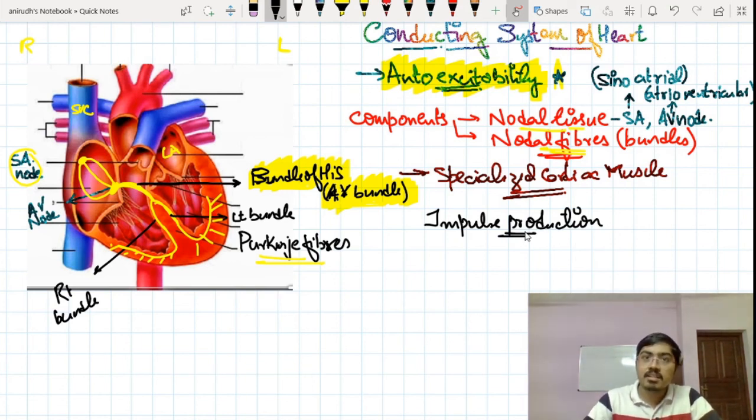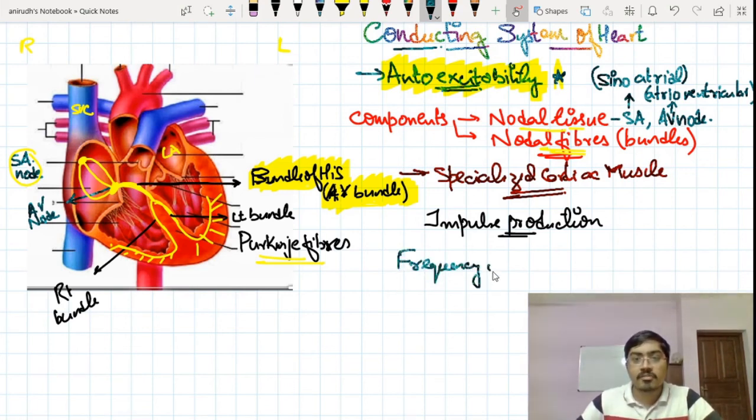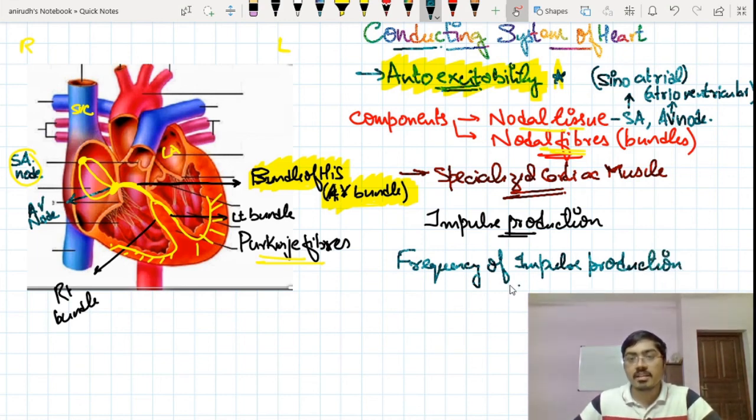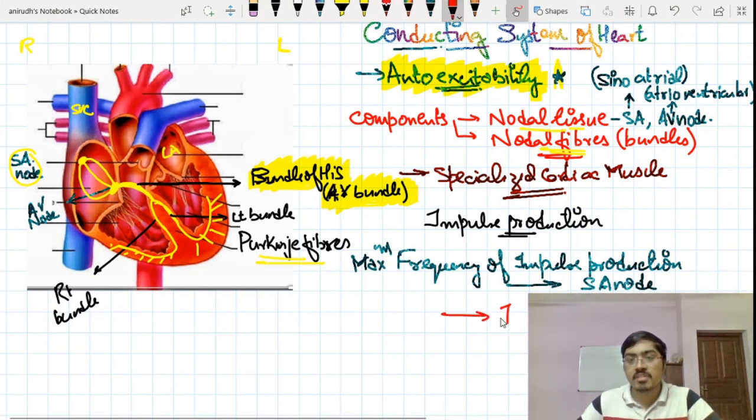Even the ventricles can produce impulses, but the maximum frequency of impulse production, the number of impulses produced per second, I can call it the frequency of impulse production, is by the SA node, and the SA node produces impulses at the rate of 70 to 75 per minute. So in 1 minute it will be producing 70 to 75 impulses.